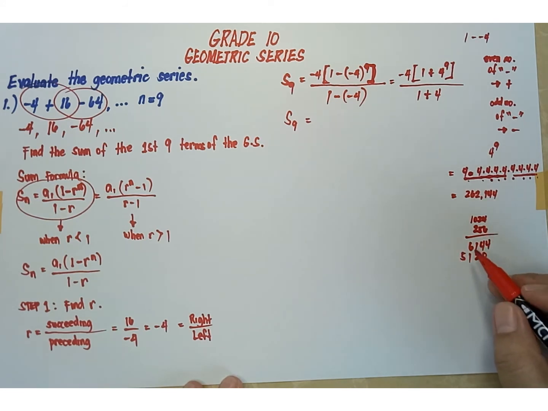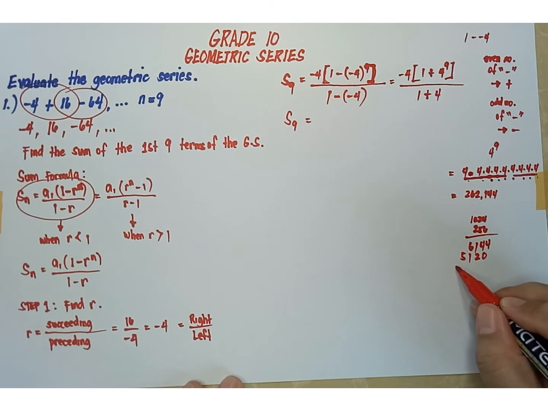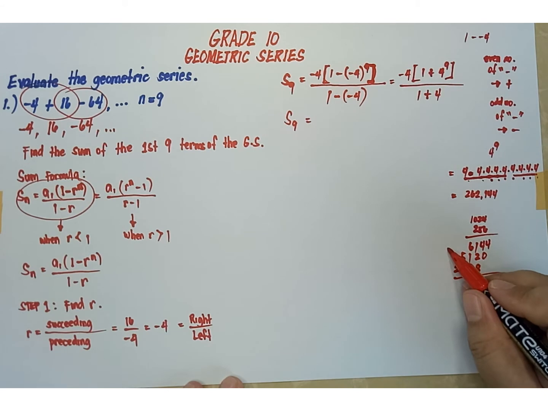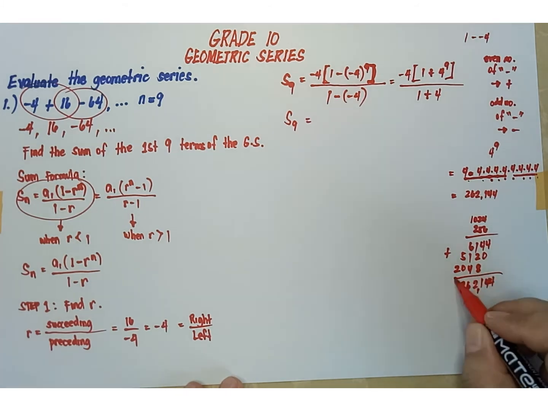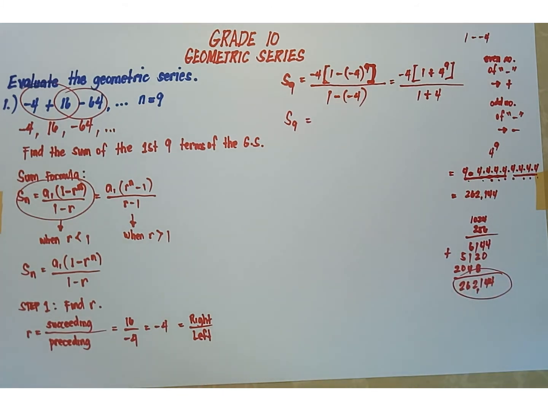And 1,024 times 2 is 2,048. Add the partial sums, 4, 4, 11, 12, 6, 2. So it's 262,144.